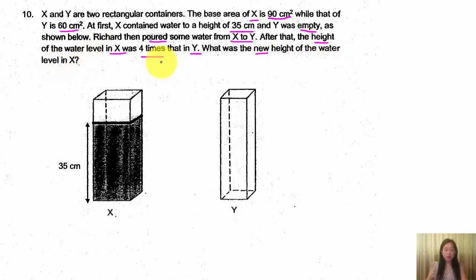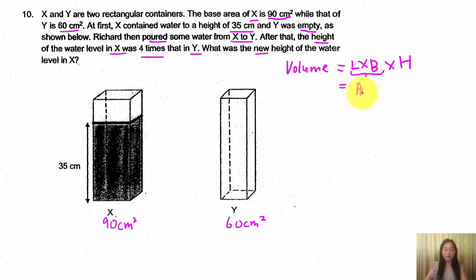So let's transfer some of the information onto the image so that we can see clearly. So here, 90 cm square is at here, and 60 cm square is at here. Let's review the formula for volume. Volume of cuboid is length times breadth times height. And since length times breadth is area, we can see it as area times height.